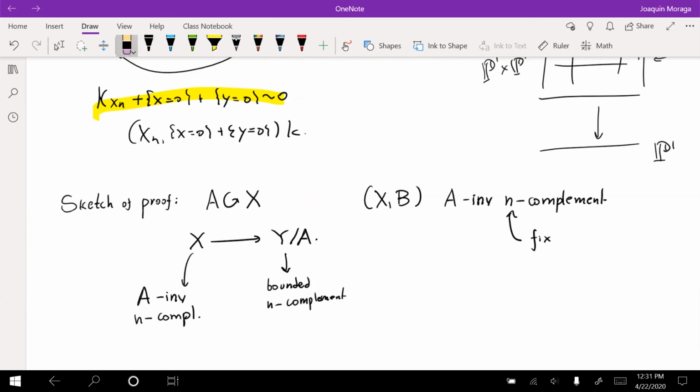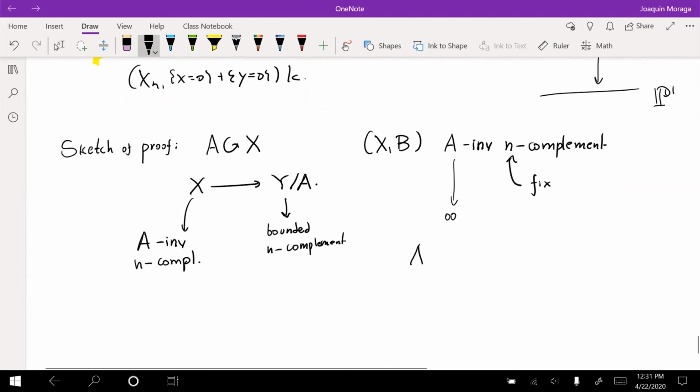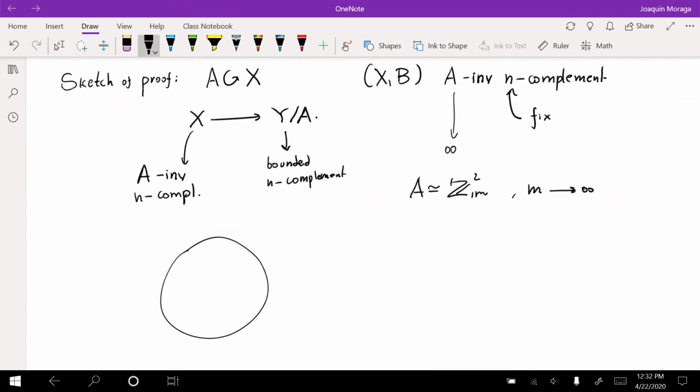Okay, so you ask yourself the following question: what if A goes to infinity? If A goes to infinity and n is fixed, what can you say about the pair? With A going to infinity, I just mean that you take a sequence Z_m to the k, where, well, you were saying that k was 2, and m is going to infinity. So let's look at the most naive example that we can think about. Let's think about P1. So you have P1 and you have 0 and infinity.